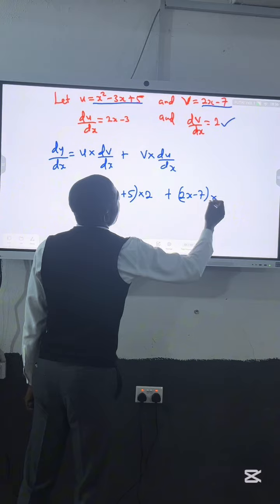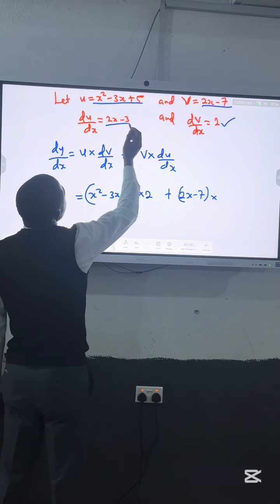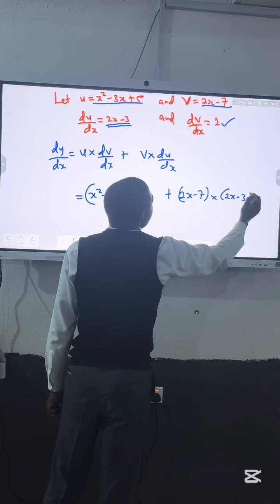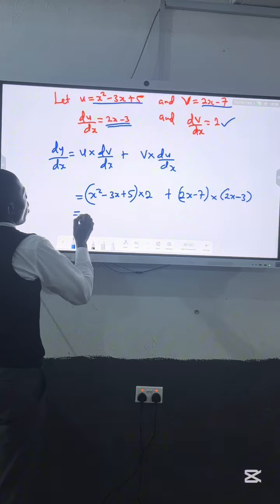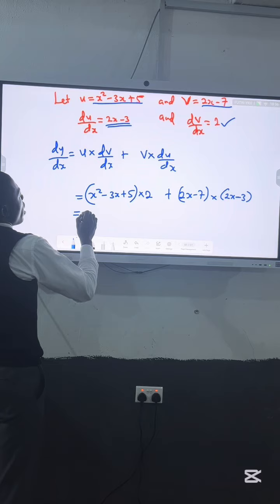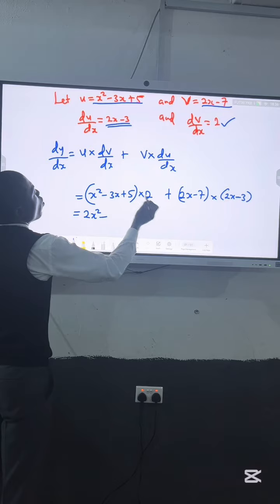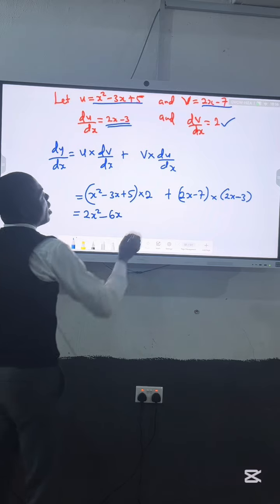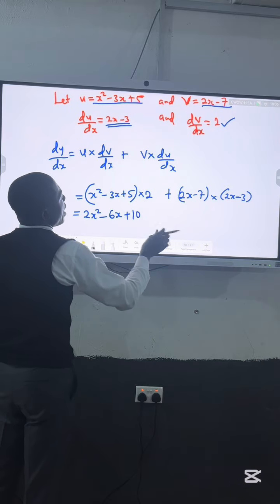Now, multiply by, what is du/dx? Du/dx is this. Fetch it and bring it close. You have 2x minus 3. So over here, 2 multiplied by all the expression, 2 multiplied by x squared, you get 2x squared, place your minus, 2 multiplied by negative 3x, you get negative 6x, then put this plus, 2 multiplied by 5, you get 10.